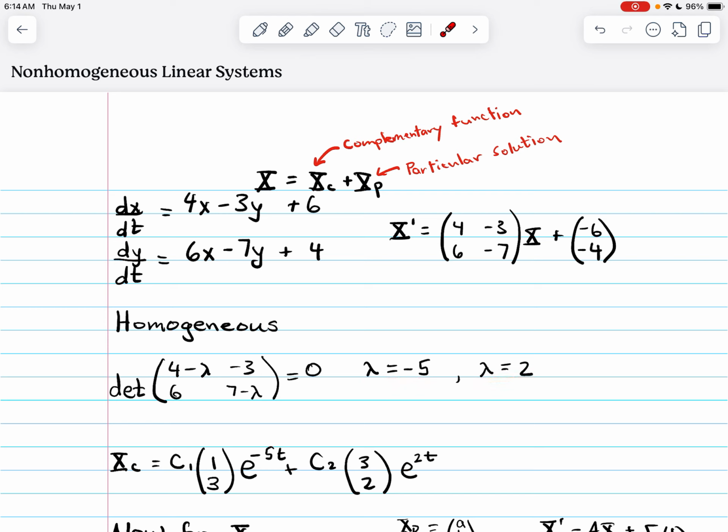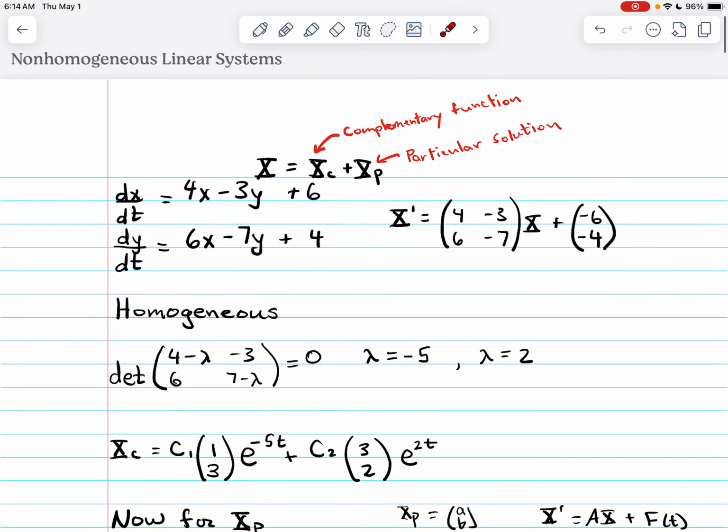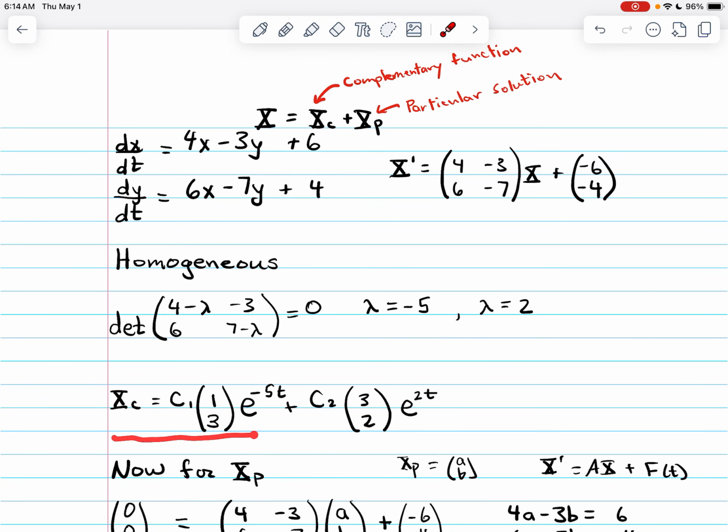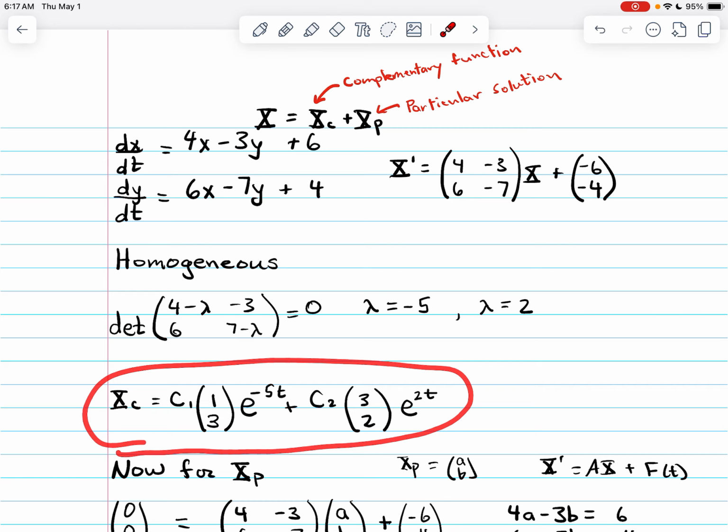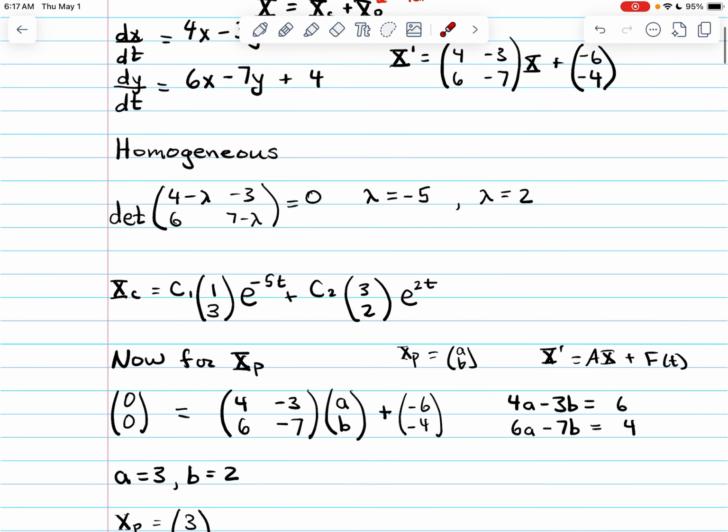And in fact, in the past video, I've already solved that, and we found that the complementary function is this. Now we're going to set that solution aside, this complementary function, and focus on finding the particular solution right here, the x sub p.